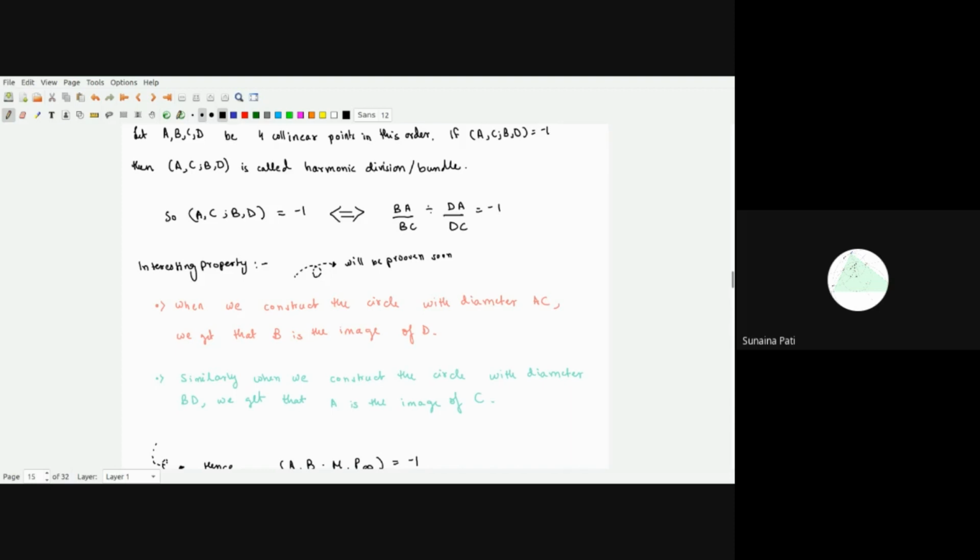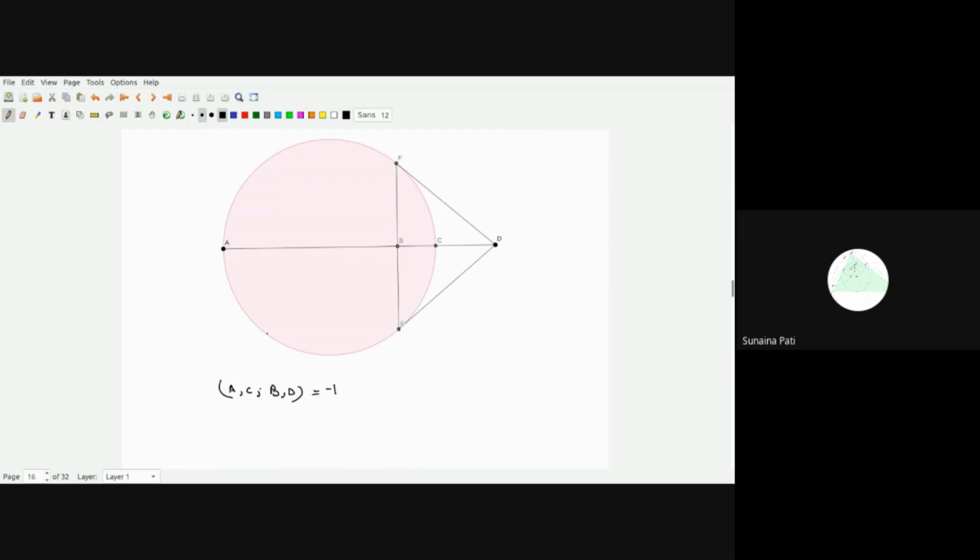I'll ask personally. Malay, Anurag, is that fine? Yeah, cool. Okay, great. Should I move to the harmonic chord? Okay, let's try the harmonic quadrilateral also.